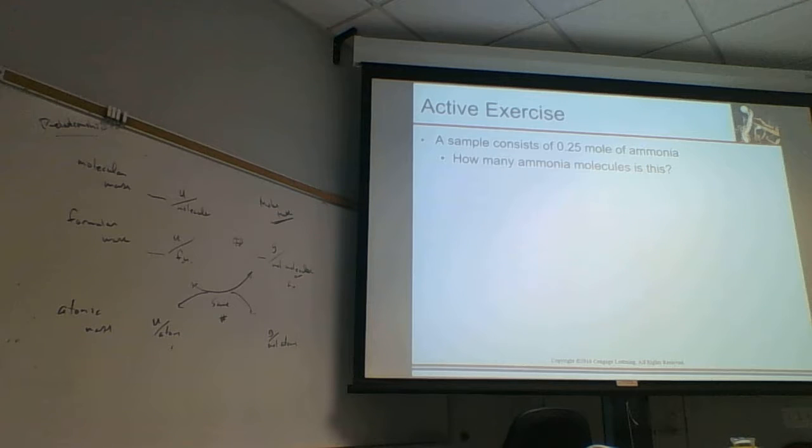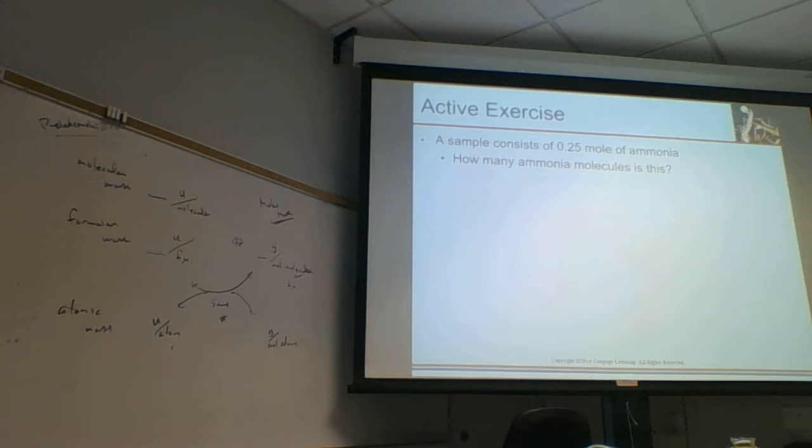Like in this particular problem, we have 0.25 moles of ammonia. What's the formula for ammonia? NH3. Is there a charge? No, there's no charge. So 0.25 mole. And so here we know this. We can cancel out the moles because 1 mole of anything is how many of those things?